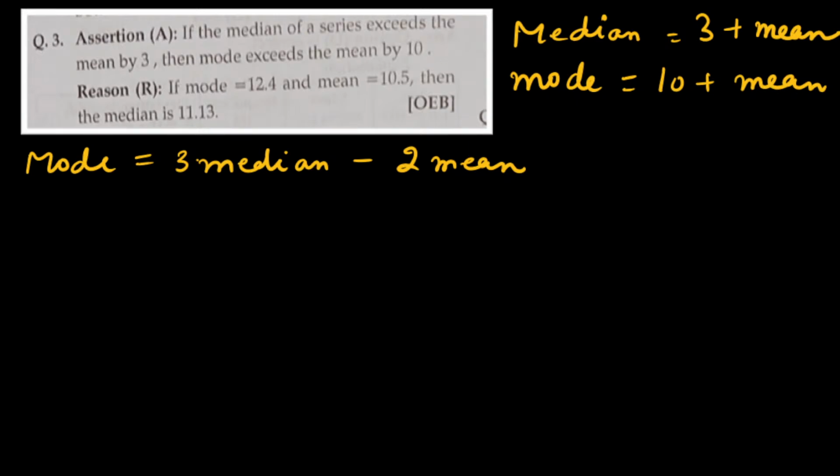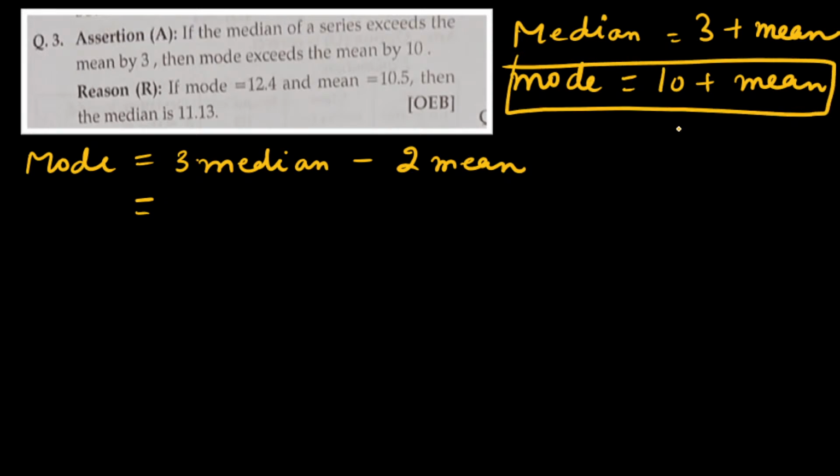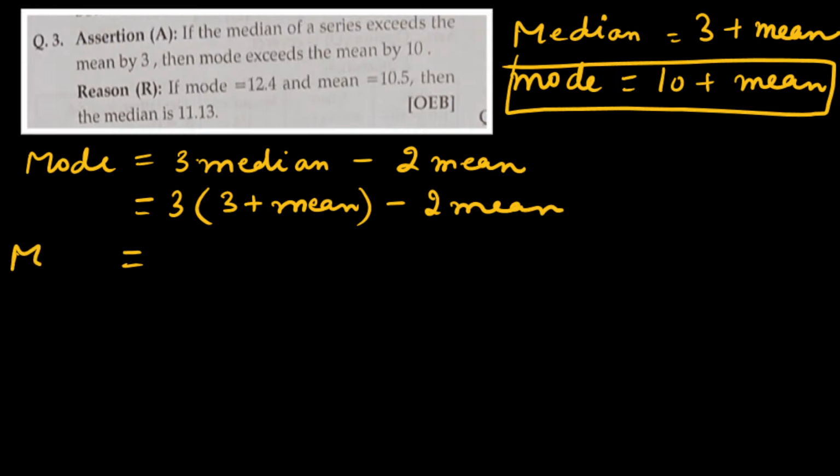So I hope this is clear. What we can do is find the mode. We have to check whether this is true or not. First, we'll substitute the median's value. So 3 into median is what? 3 into 3 plus mean. In terms of mean, we'll just find mode.